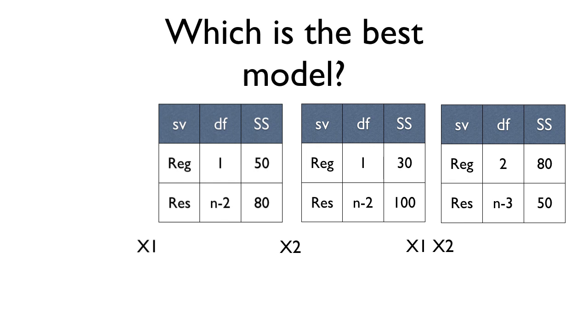So if you think of it like overlapping, or if you think of it like a container, this is all the variance in Y. When we put x1 in, we've explained some variance.